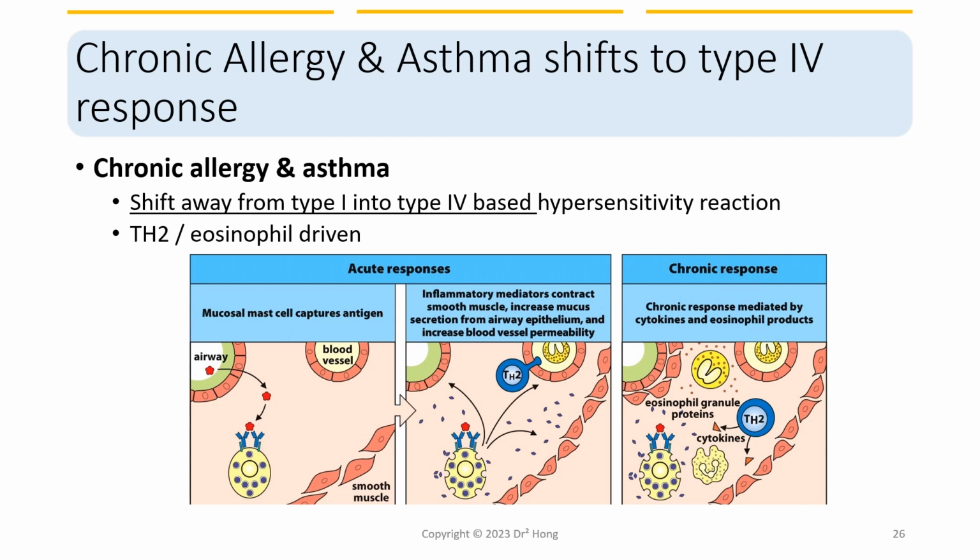There is also increased mucus, contraction of bronchial smooth muscle leading to narrowed airways, increased vascular permeability, and persistent infiltration of leukocytes, including Th2 helper cells, neutrophils, and eosinophils.